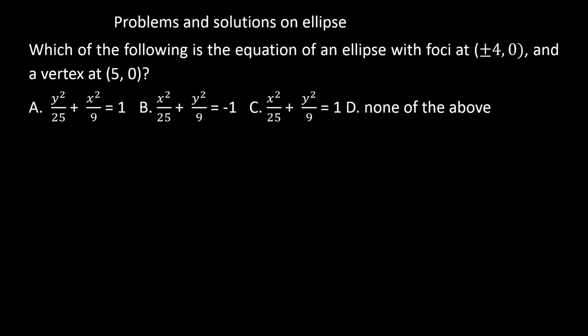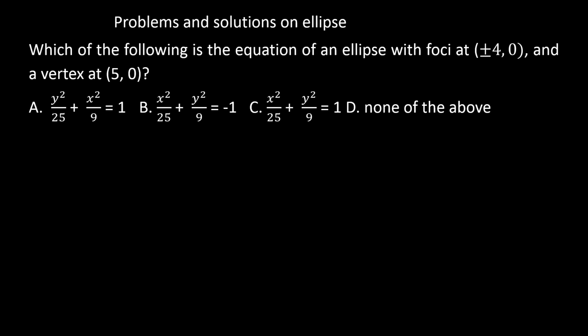Remember always that if the first quantity of the given ordered pair is greater than 0, it signifies that the major axis is along the x-axis. So the equation we are going to use is x squared over a squared plus y squared over b squared equals 1, because it has vertices at (±a, 0).